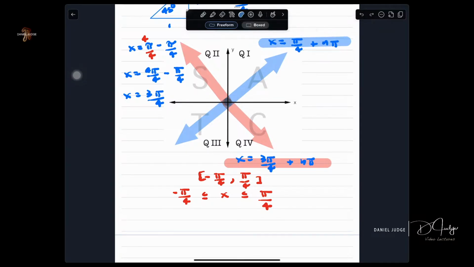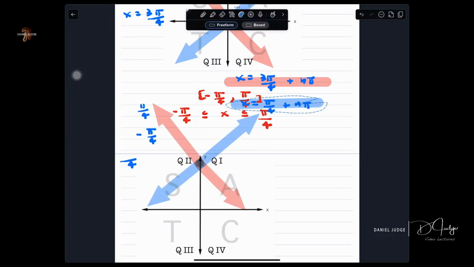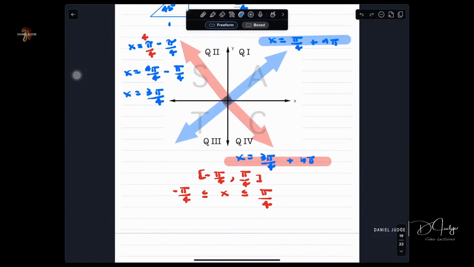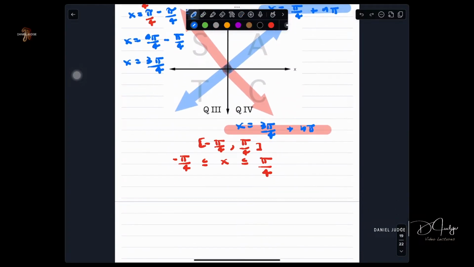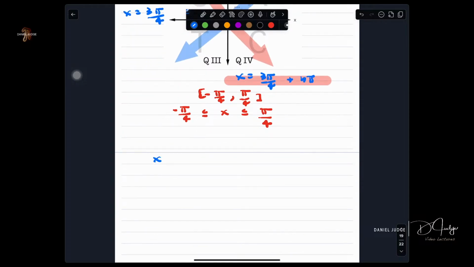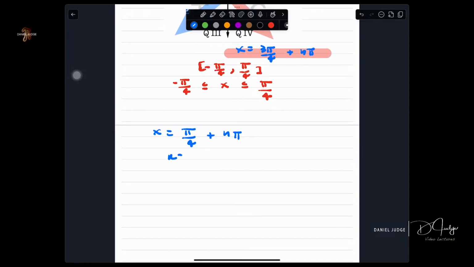Let me get that copy. Oh, come on. I just wanted the formula. So, okay, let's write it down then. For the positive solutions for tangent, n could be any integer. So we can say n is 0. If that's the case, pi over 4 is a solution. If we let n be 1, well, we're outside of the interval from negative pi over 4 to pi over 4. So we don't want to let n be 1. We can also let n be -1.